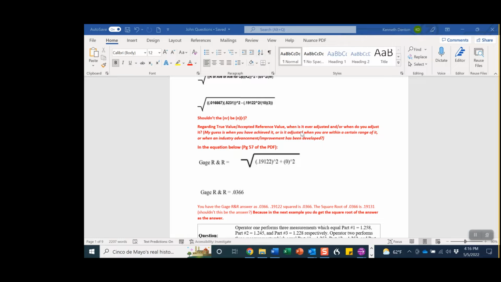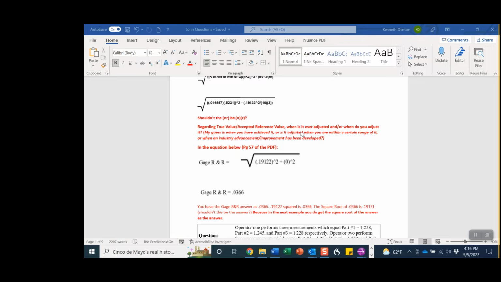Oh, yes. Okay, got it. Yeah, the true value is the actual value in reality. But to measurement people, the true value is a mystical figure. You call it the accepted reference value that you establish. Yes. That you're shooting for.